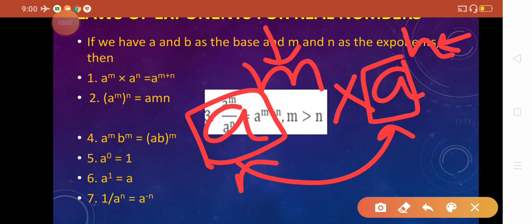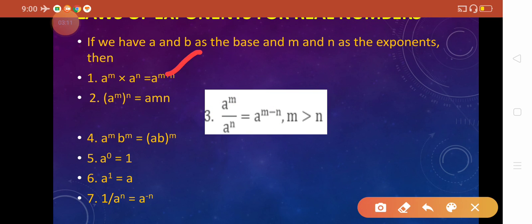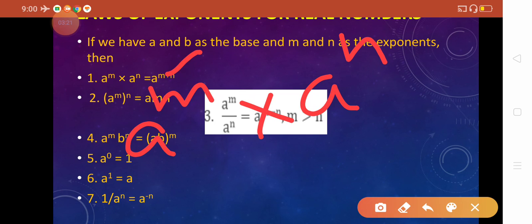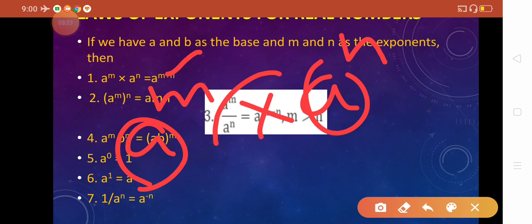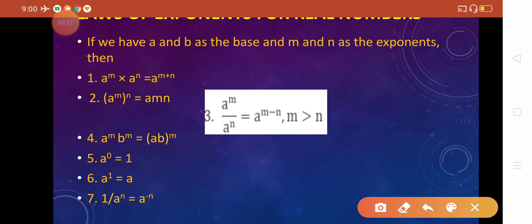Whenever the base is the same, we add the exponents, so we write it as a raised to power m plus n. Whenever the base is the same and the powers are multiplied, we add the exponent values.